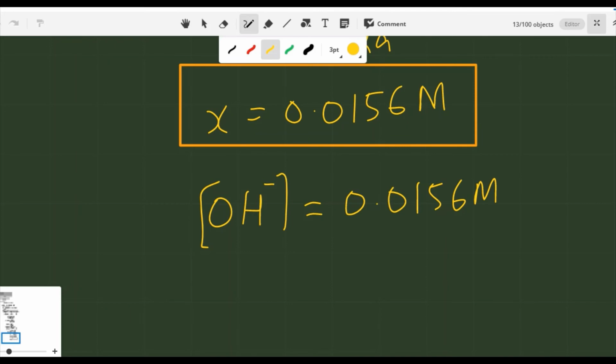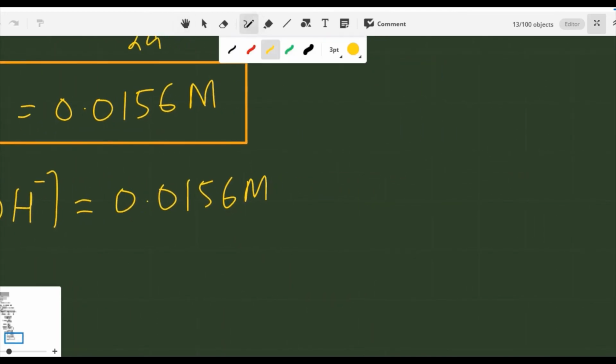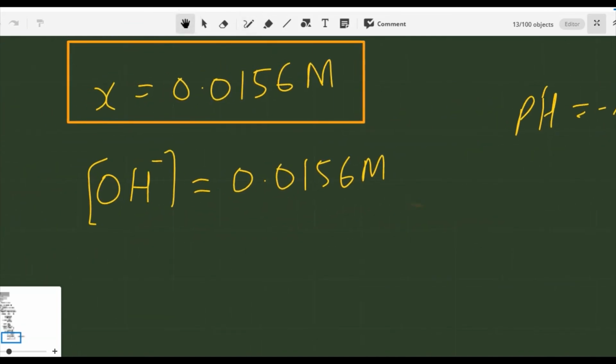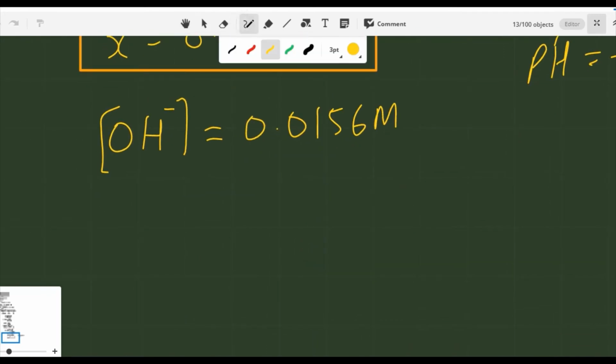Okay, so as you know, when we find the pH for an acid, pH is equal to negative log of the hydrogen ion concentration. But there is no acid here, it is a base, so you have to first find the pOH for the hydroxide concentration.